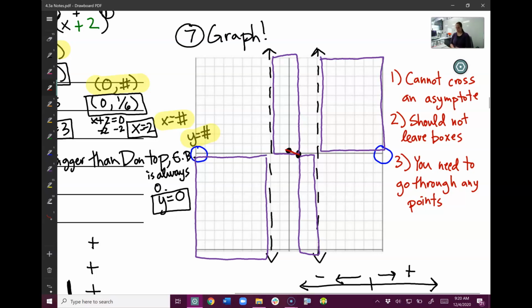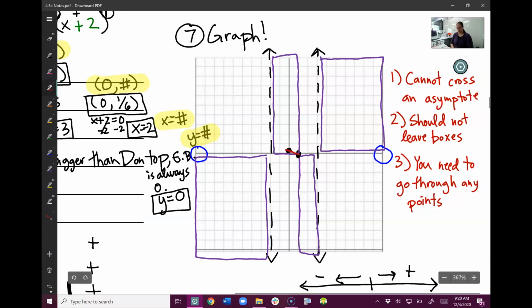Now here's what I'm going to look at. If I have this line right here and I kept this line going straight, let's actually just look left. If I kept this line going straight to the left, well, that's going to be a problem, because that line will cross my asymptote and leave my box, which is not allowed.